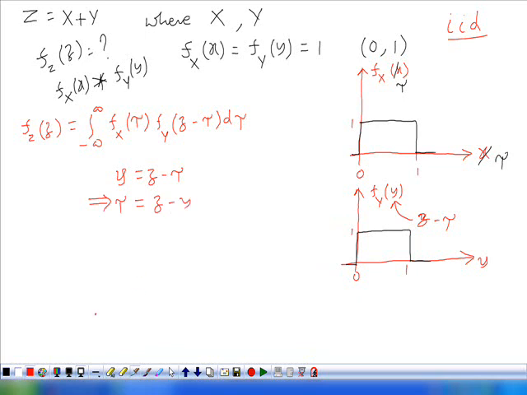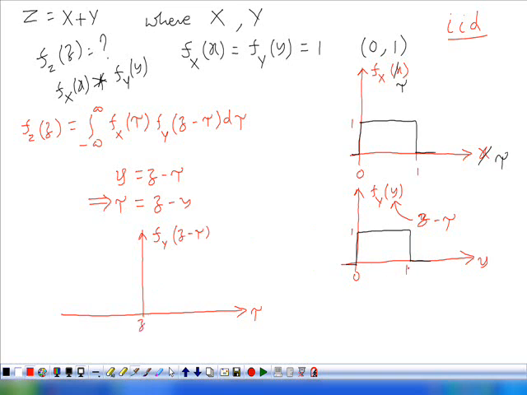Now this is tau. We are finding f_Y(z minus tau). When y is equivalent to 0, tau is equivalent to z.